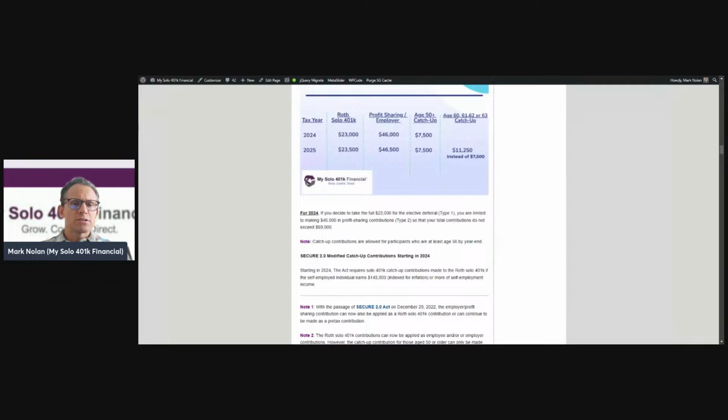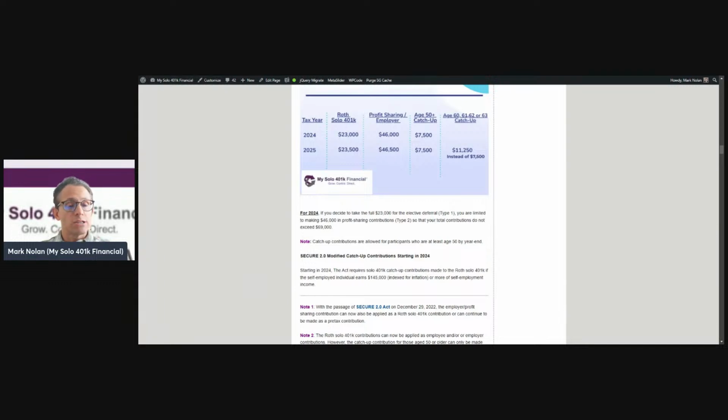So on top of these two amounts we just talked about, that 23,500 and that 46,500, you can also do a catch-up contribution of $7,500 if you're age 50 or older. And you can treat that as a Roth employee solo 401k catch-up contribution. Now your overall limit goes up to $77,500.